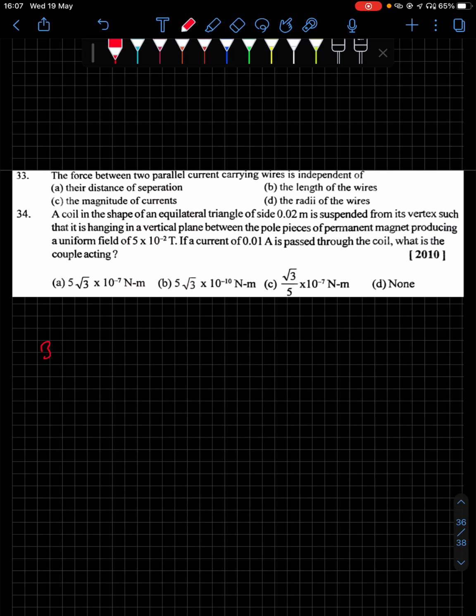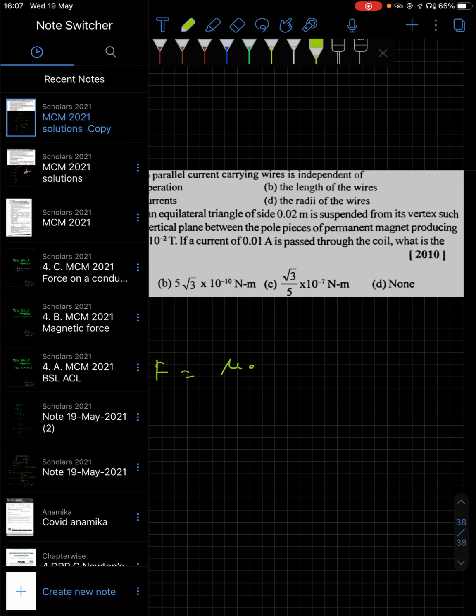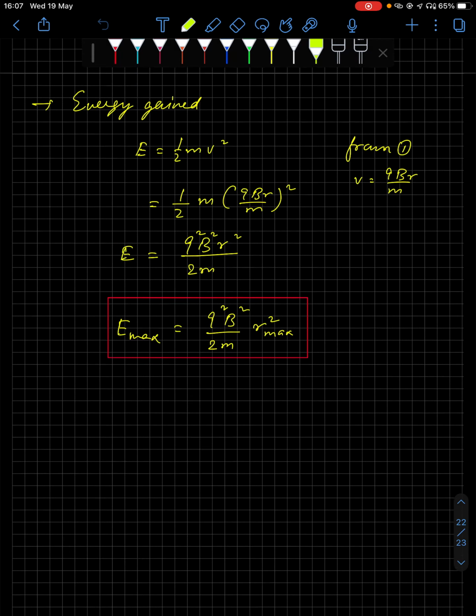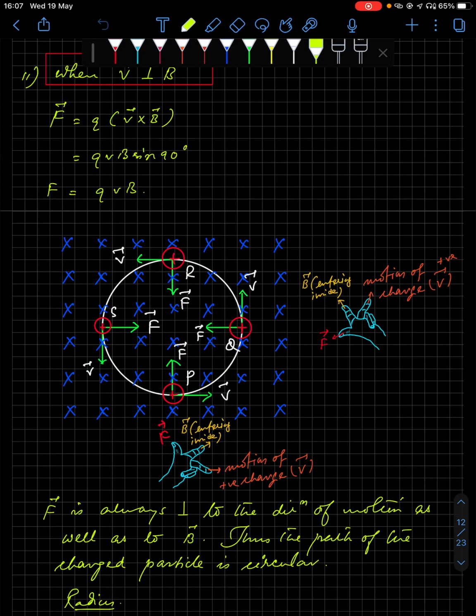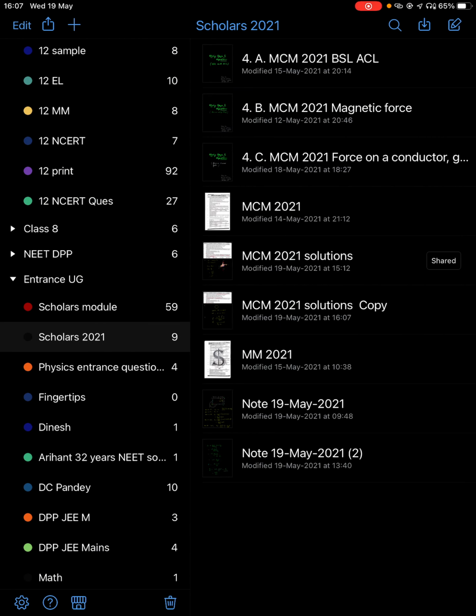If you remember, the relation was force per unit length F equals mu naught by 4 pi 2I1 I2 by A. Was that the relation? Was that in the second file or the third file?